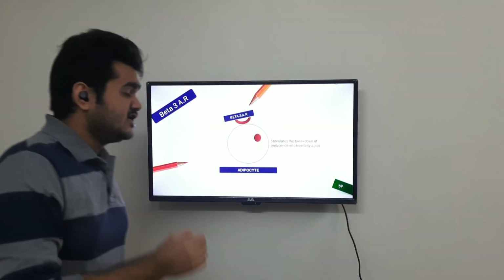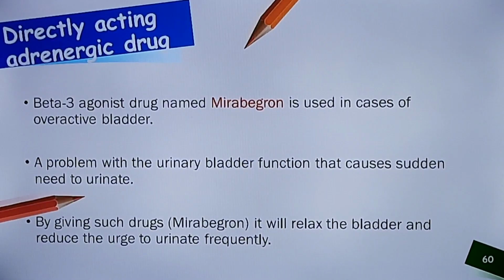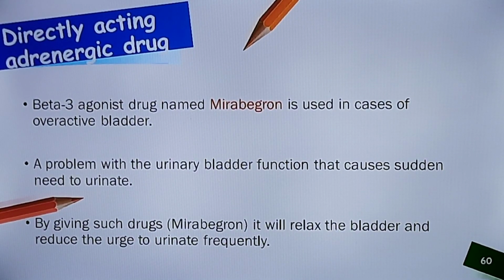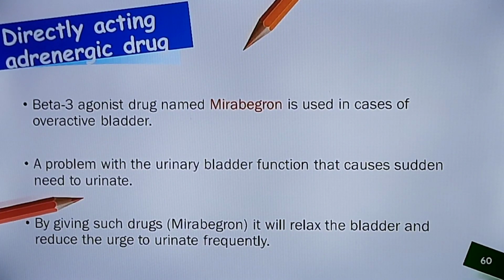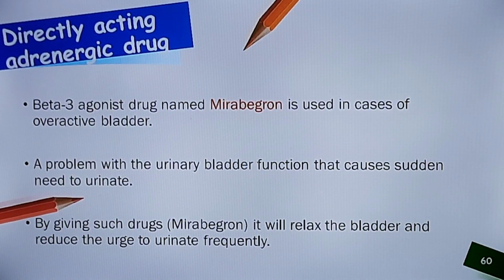Now the question is, in which condition we need to reduce the urine output? There is a condition that is known as overactive bladder. In overactive bladder, there is a problem with the urinary bladder functioning, due to which there is a sudden need to urinate.